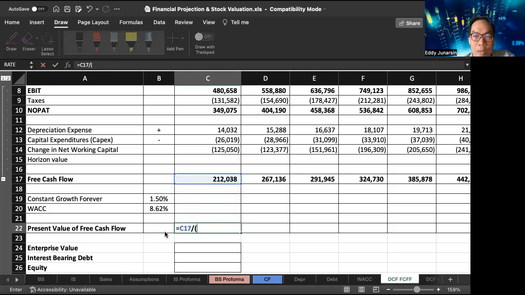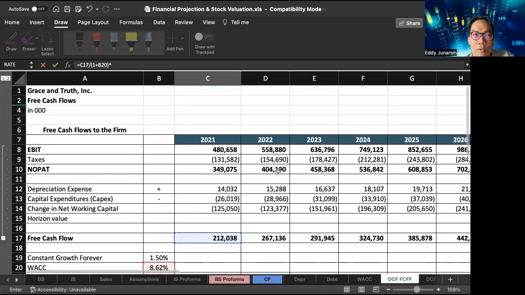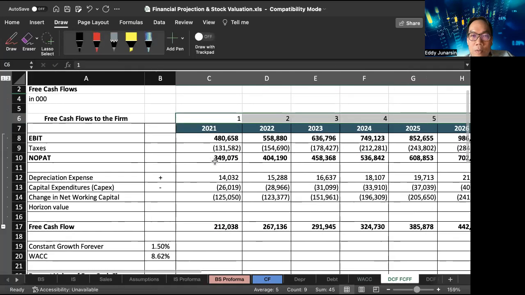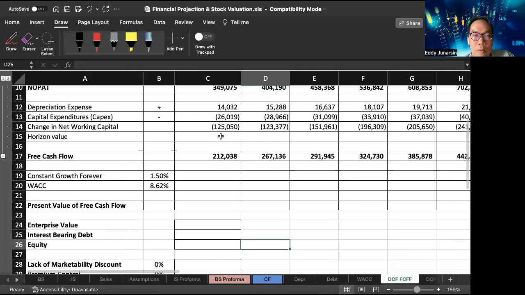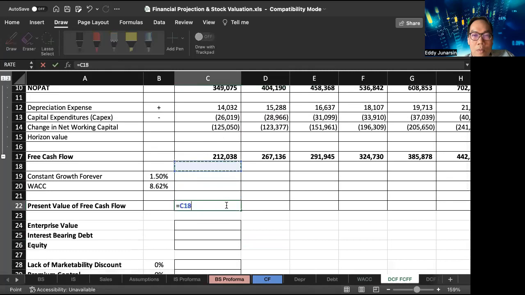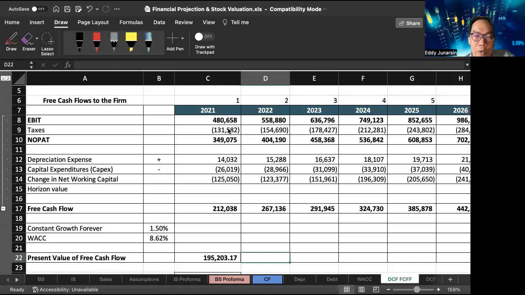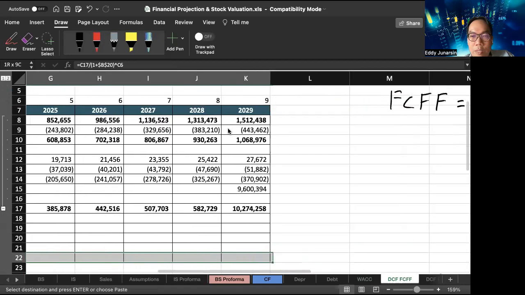Our cash flow divided by 1 plus the WACC to the power of, oh, okay, I need to make imaginary numbers here. 1, 2, 3. Okay, so projected cash flow divided by 1 plus the cost of capital to the power of, to the first power, then to the second power, the third power, and so on. So just do copying and pasting.